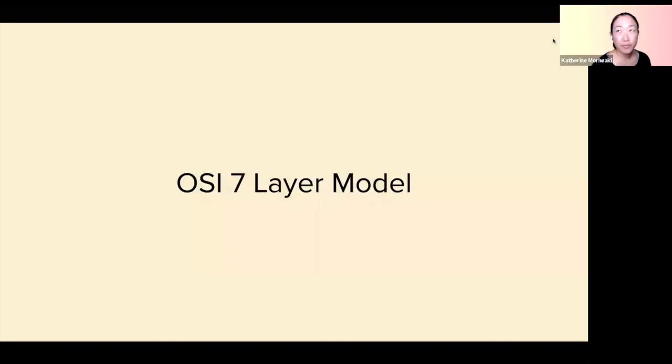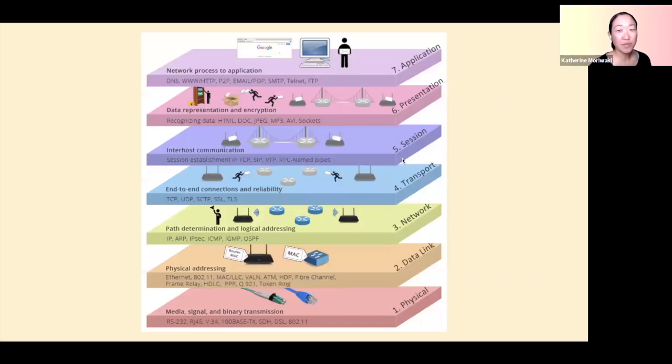More broadly, one of the things that we wanted to draw attention to is this idea of an OSI 7-layer model. This specifically isn't something that we're going to be working with technically in the course, but it is more of a conceptual model for how the internet and for how telecommunications applications are structured.